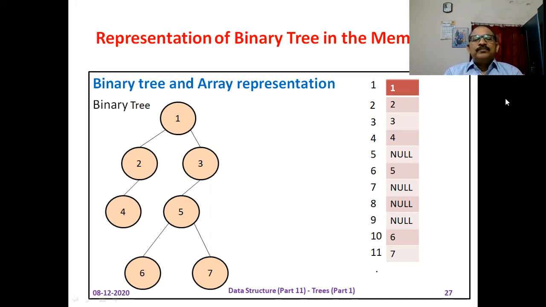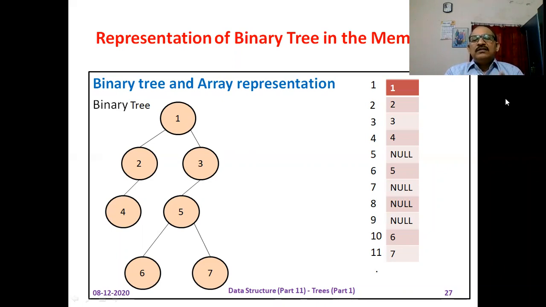one-dimensional array. Now suppose we want to store the right child of node 3. Here you can see the right child of node 3 is null. There is no right child of node 3. Then we store a null value at location 3 into 2 plus 1, that is 6 plus 1, that is the 7.